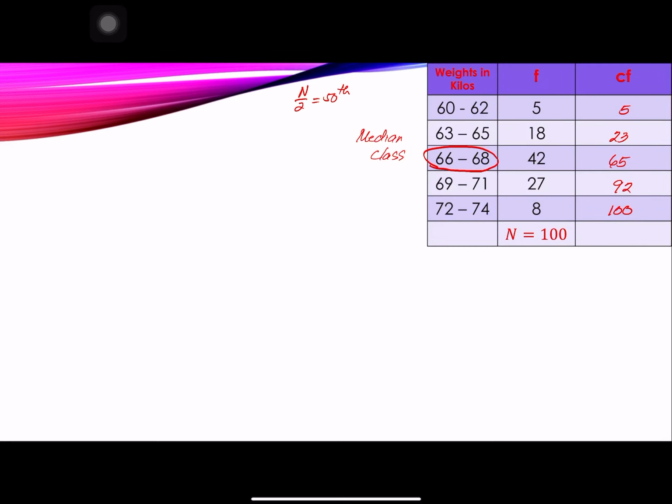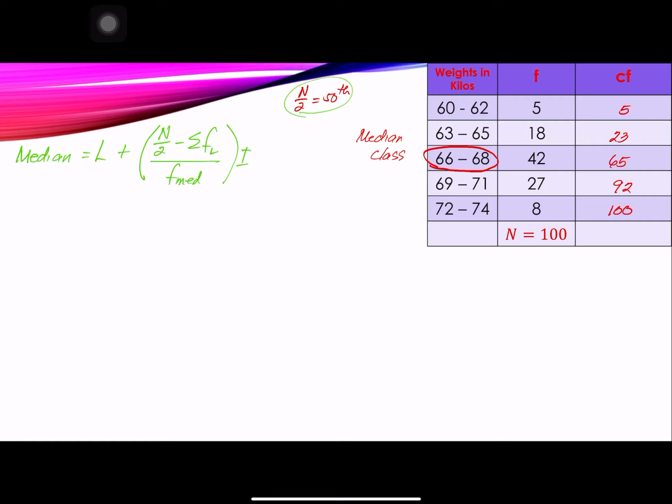If that is the median class, I'm going to write our median formula here, which is equal to L plus n over 2 minus the sum of f sub L over f of med times I. So we know that n over 2 is 50, so we have that already.